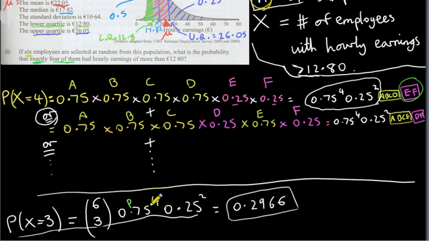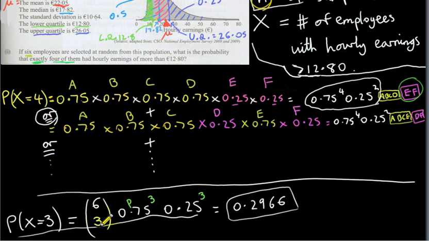And we'd be putting p to the power of 3 because 3 employees have earnings greater than 12.8. And if 3 employees have earnings greater than 12.8, then the remaining 3 must have earnings less. So this number here has to be 3.